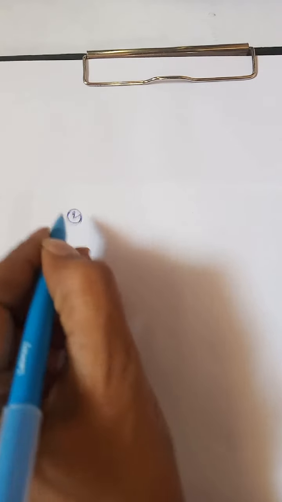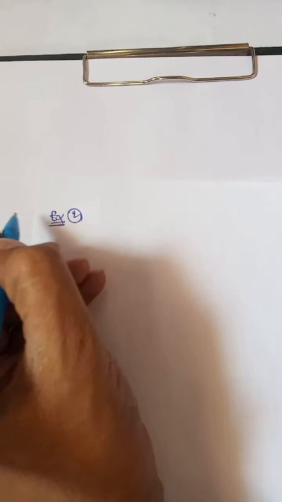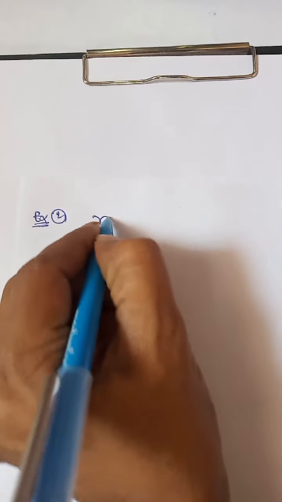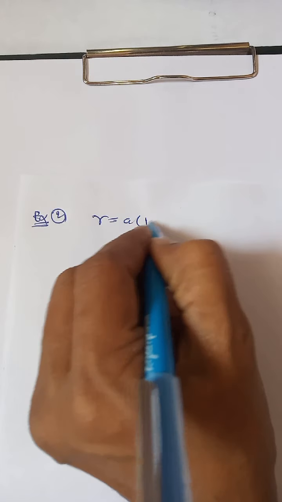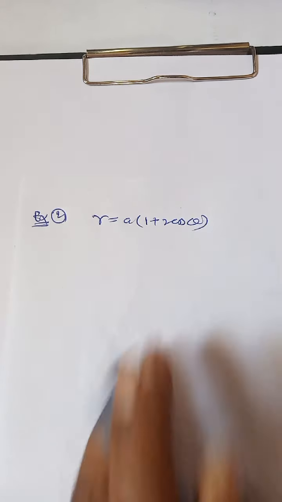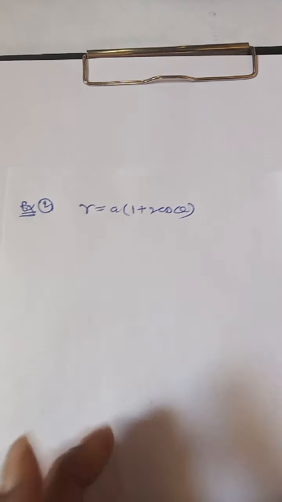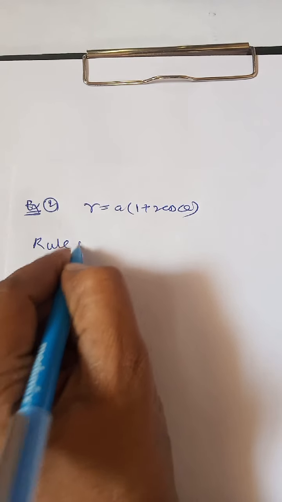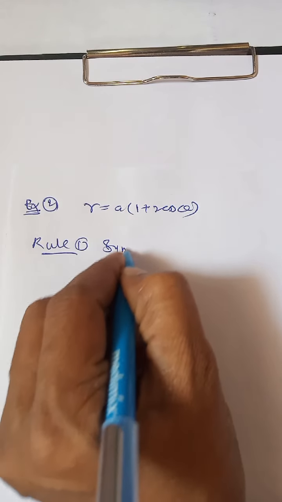So second example, r equals to a into 1 plus 2 cos theta. So first rule is about symmetry.